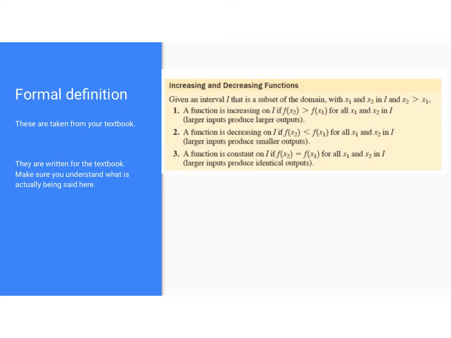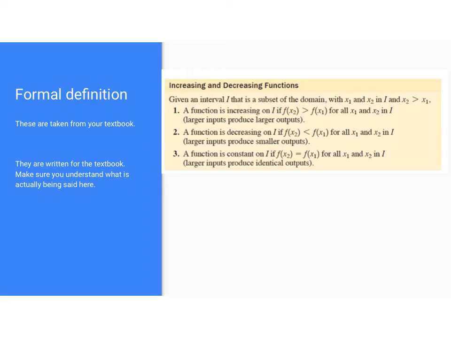The next thing he talked about in the video was the definition of increasing and decreasing. Anytime you see a yellow box like this, it represents a vocab statement taken from the textbook. It is very, very heavy on math symbols and math notation. So you want to make sure that this makes sense.